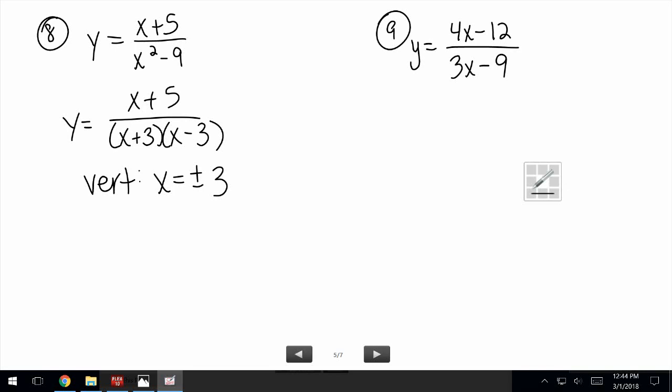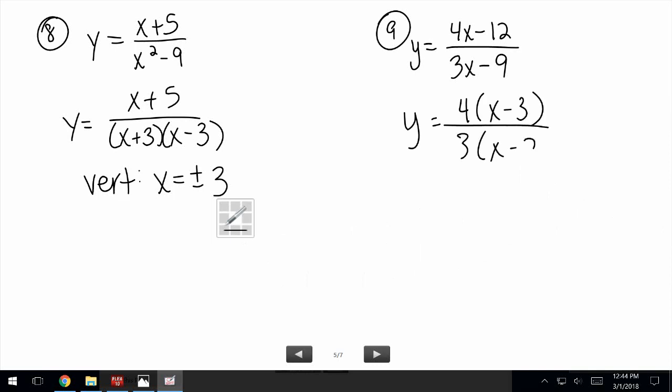All right, number 9. Did you get that one factored with a GCF? And that those cancel? So you only had a hole at x equals 3? All right, you're left with 4 over 3. Is your denominator ever going to change from 3?